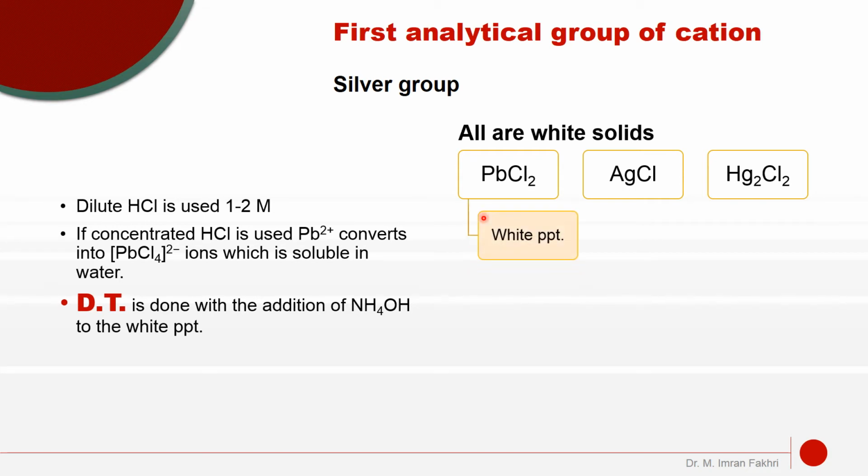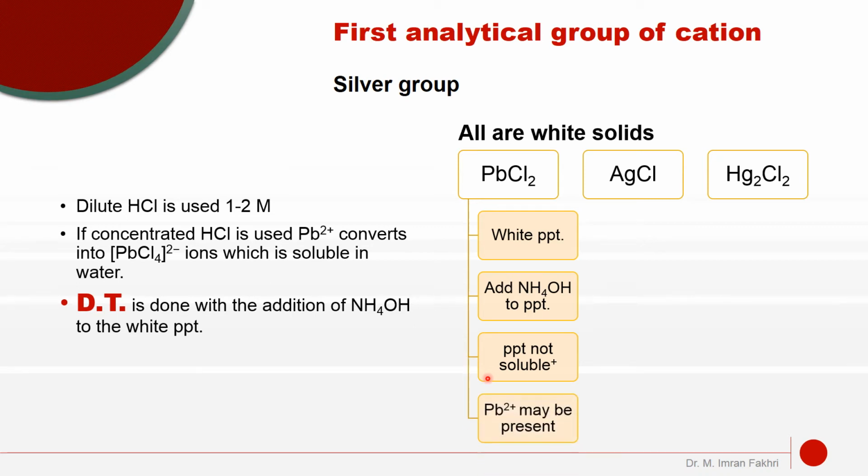So mercurous ion, silver ion, and lead 2 positive ion may be present. We have to distinguish these ions or these precipitates. How is the white precipitate going to be distinguished? We have to add ammonium hydroxide to the white precipitate. If the white precipitate is not soluble in ammonium hydroxide, we say that lead 2 positive ion may be present.